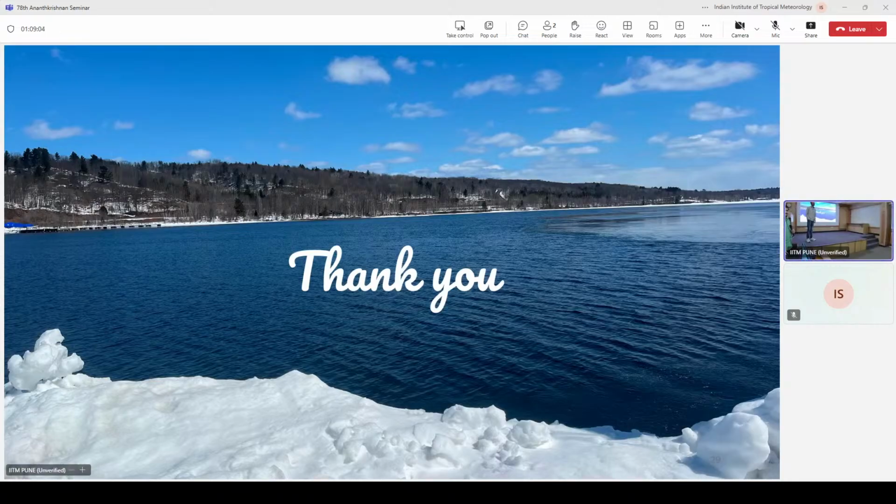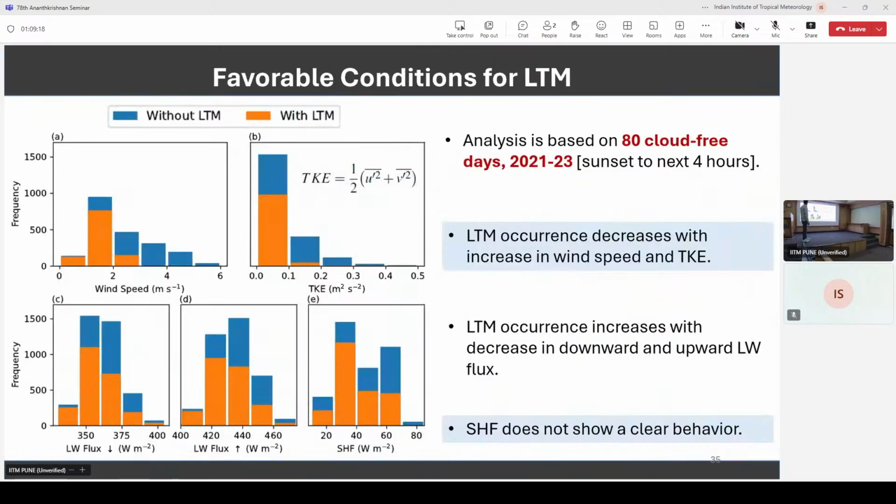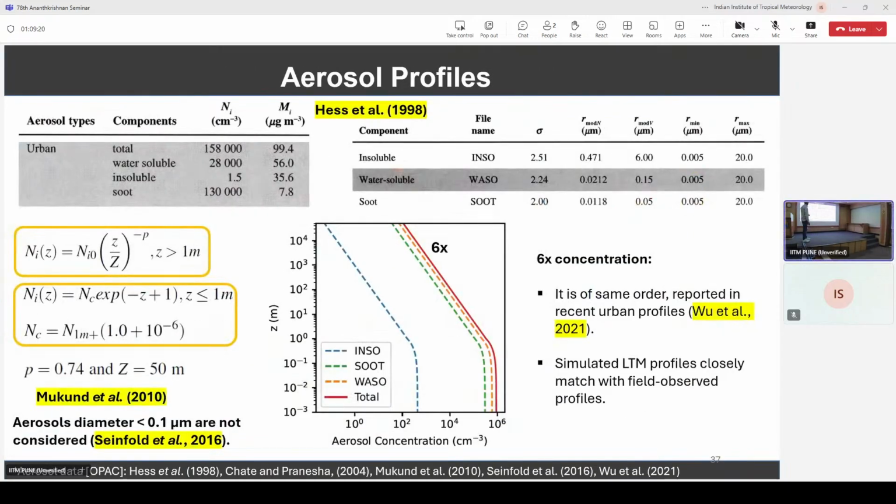Hello, Suryadev. Nice talk. I think I missed the aerosol profiles that you have used in the model that you showed in the last part of the talk. Yeah, this is the aerosol profile that I have considered. Just a note that the aerosol profile is constant. It does not change across the days.